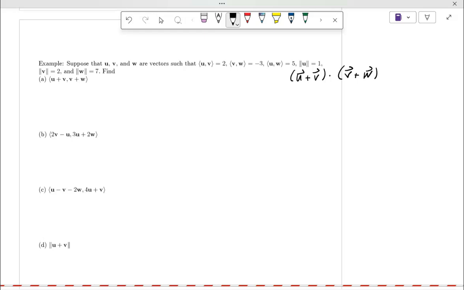You distribute it, right? Basically, it looks like a kind of FOIL idea, doesn't it? Still works with inner products as well. So we can write this as the inner product of u and v plus the inner product of u and w plus the inner product of v and v plus the inner product of v and w.